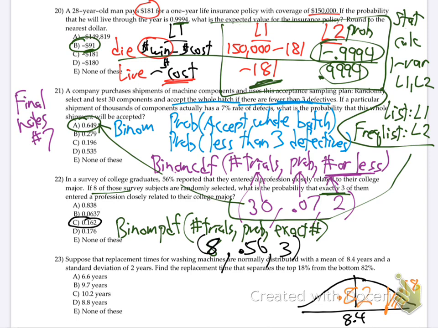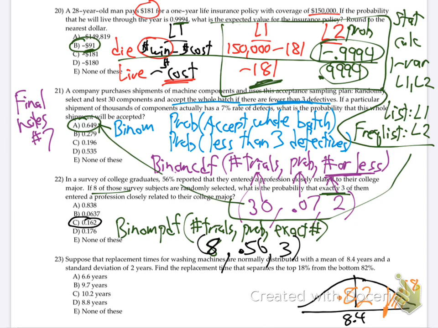You see, we're talking about areas within the curve, right? This bell curve holds all the washing machine replacement times. The average washing machine takes 8.4 years before it needs to be replaced. Washing machines that last longer take longer time, and they're in the top. So the top 18% is somewhere up there. It's going to be above 8.4 years, isn't it? So I want to find that time.